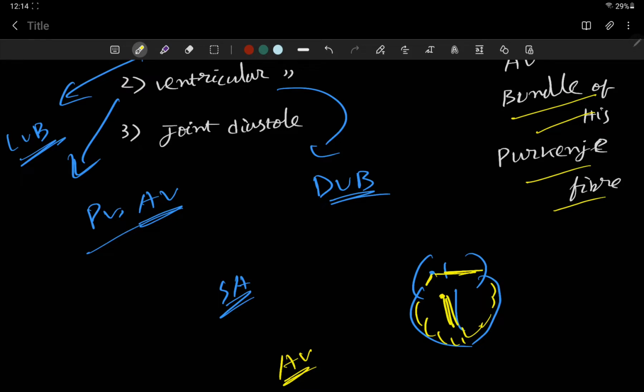So the first beat is made by SA node, that is the natural pacemaker. It is then transported to AV node, that is the atrioventricular node. It is then signaled by the bundle of His, and from there it is divided into certain fragments known as Purkinje fibers. So this is the basic format of conduction of the heart.